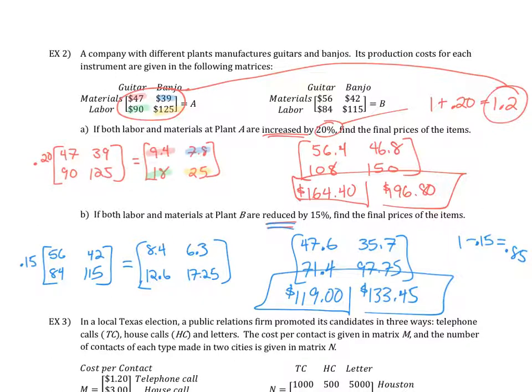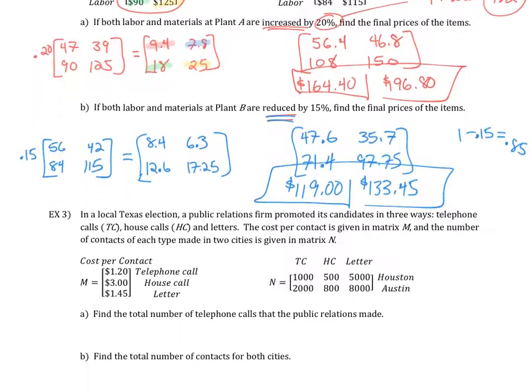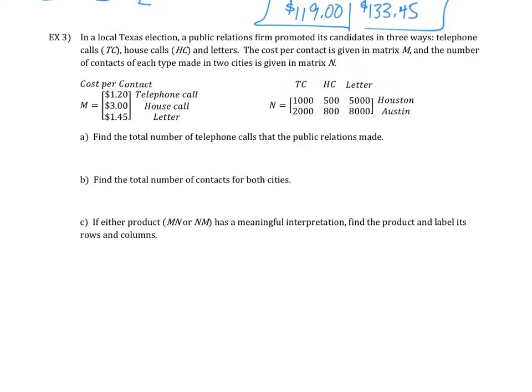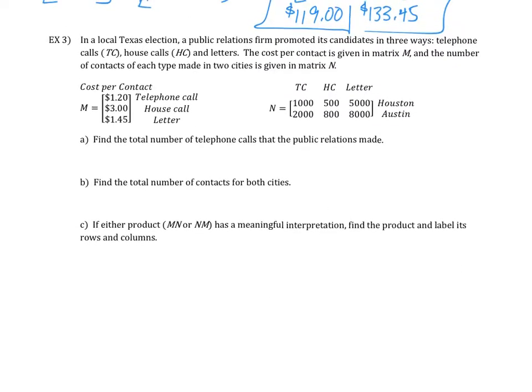All right, let's move on to example 3, the final example for this video. Example 3 states, in a local Texas election, a public relations firm promoted its candidates in 3 ways: telephone calls, TC, house calls, HC, and letters.